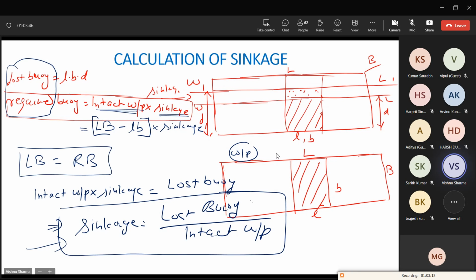This entire explanation is to get sinkage, beta. We wanted to come to this formula: lost buoyancy divided by intact water plane gives you sinkage. Please remember this will be the first step of every question. And now, if you have understood this well, then there will be no problems at all.